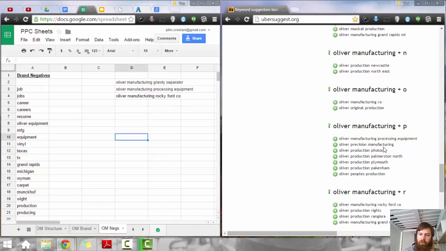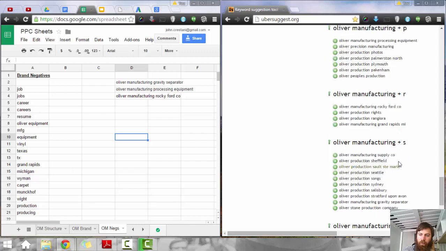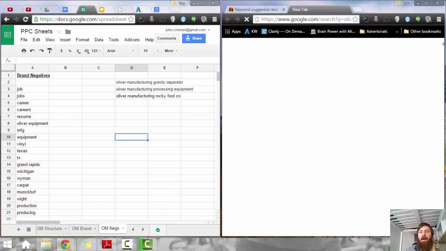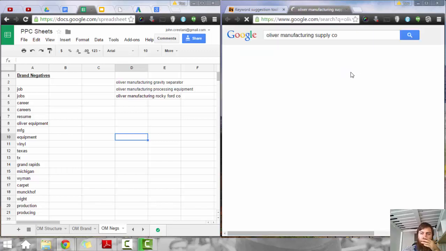Processing equipment. Manufacturing, Rocky Ford, Colorado. Oliver Manufacturing Supply Co. So now we want to see, is this our company as well?